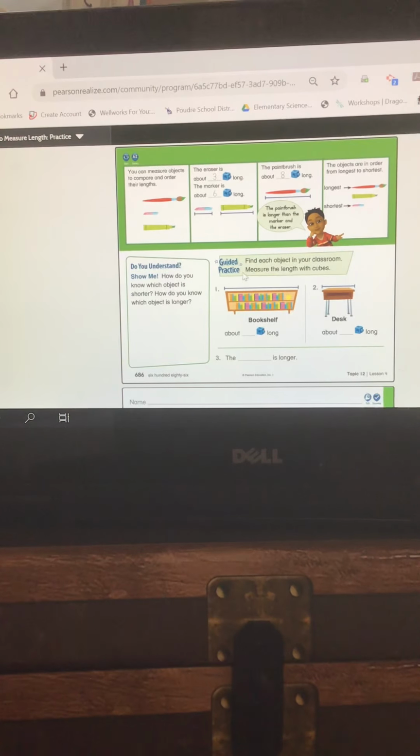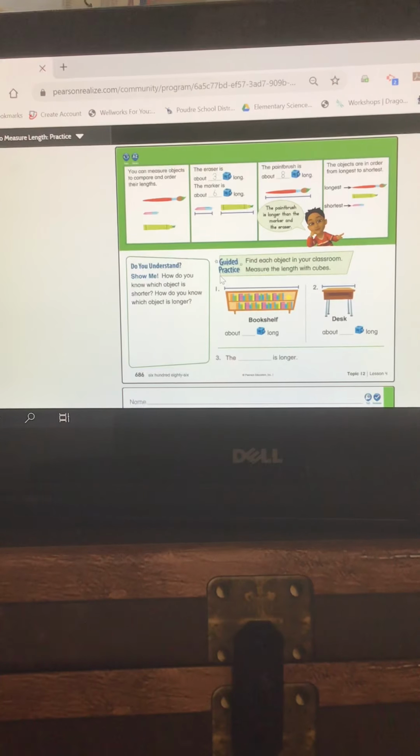So I would like you guys to measure, using what you have, a bookshelf. And if you don't have a desk, measure a table. Now, I know that this could be pretty tricky to do at home, but we're going to try our best. Now, if you just have to measure these pictures, that's fine too.